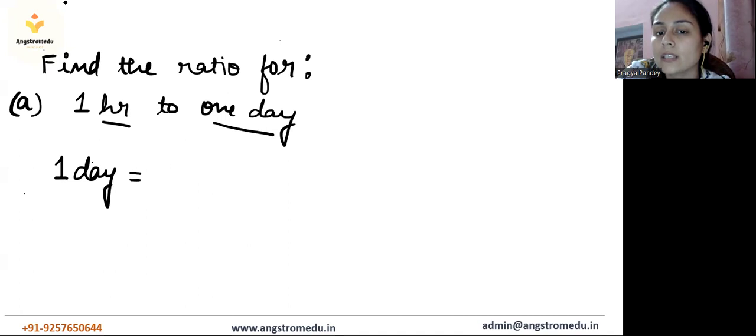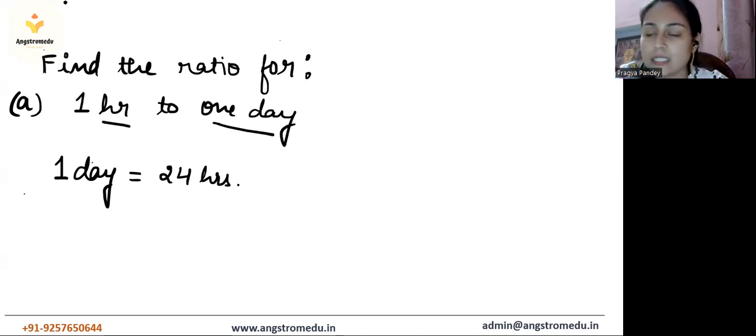In 1 day, how many hours are there? We know it, 24 hours. Very good. So instead of writing 1 day, 24 hours can be written in place of 1 day. And the first quantity given to you is already in hours.